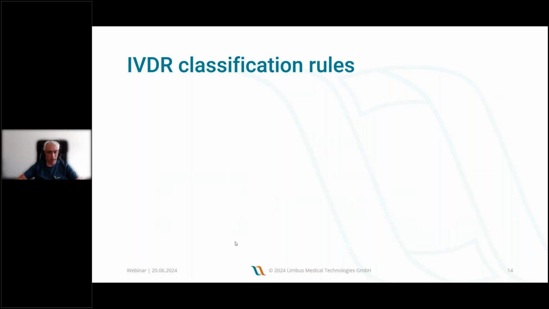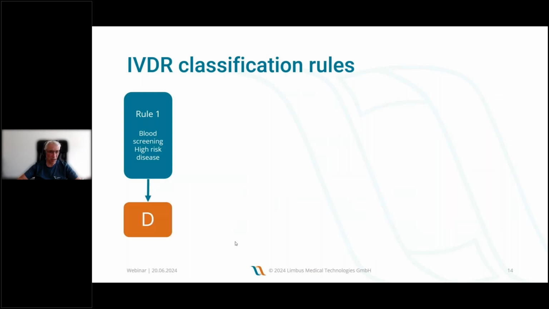It starts with Rule 1, which addresses blood screening and high-risk disease testing. These are devices that would concern a large number of people, the entire population. These should be classified as Class D.